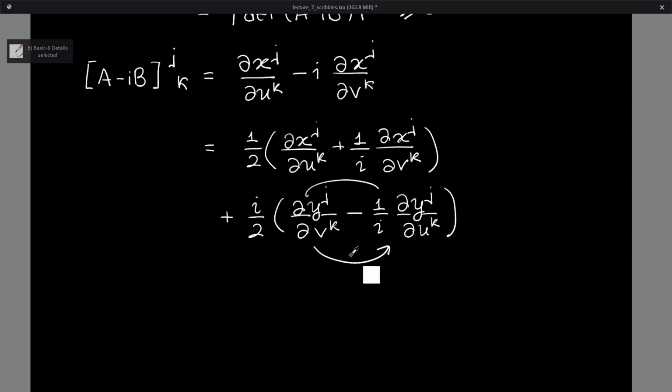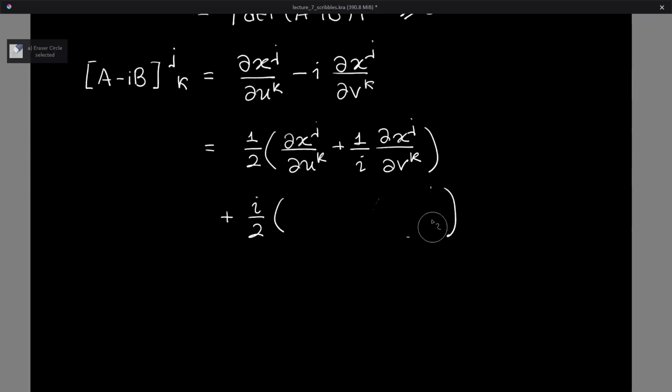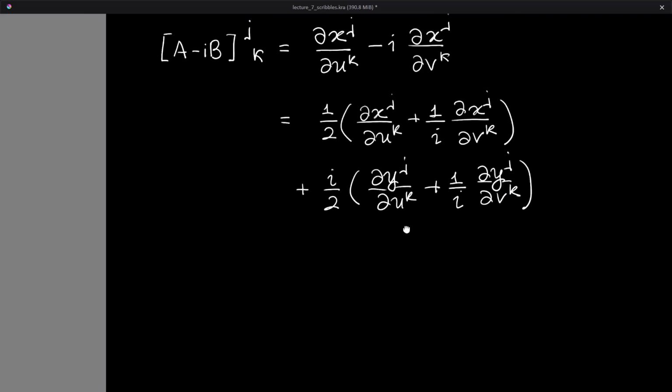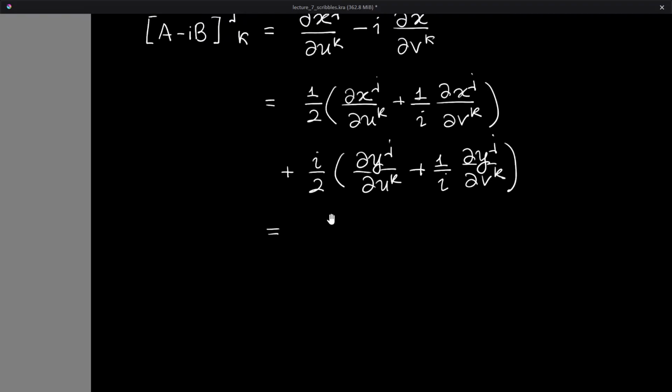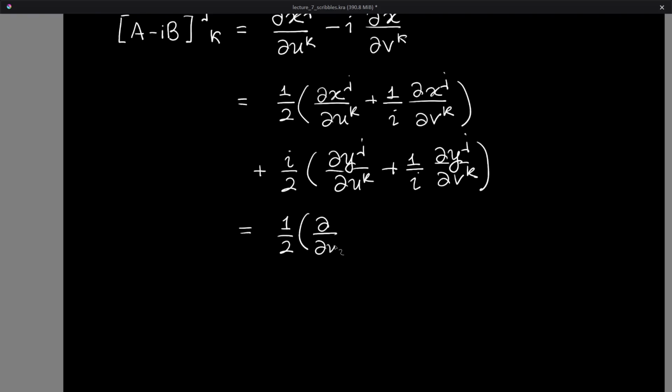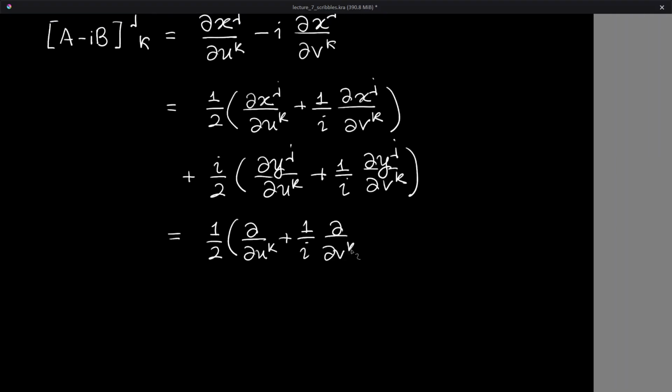So then we get partial y_j partial u_k plus 1 over i partial y_j partial v_k. And this together gives us half. Let's take the operator out: partial u_k plus 1 over i partial v_k of x_j plus i y_j.